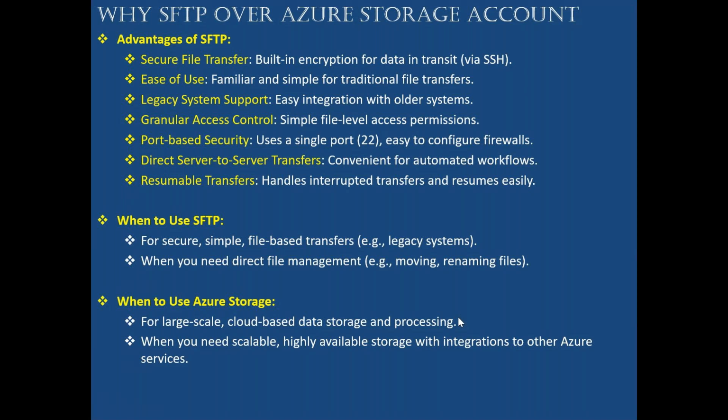If they want to do anything, they should be able to do it. In such cases we can go with the SFTP. But SFTP is not good for large-scale data. If we have small to medium sized data, then you can go with the SFTP. Clear, team?